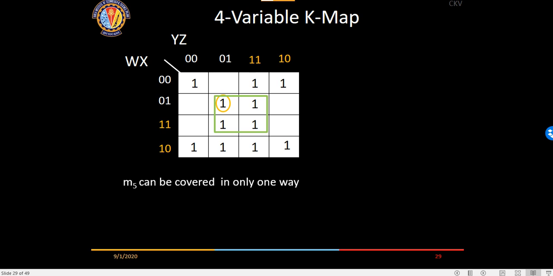So even though we have 3 boxes, we can still make an expression, right? Consider the top line, 0, 0, the 1 and the blank and the 1 and the 1, the topmost. So that would be W bar, X bar and Y, right? Z is changing here. No, Y is also changing, right?